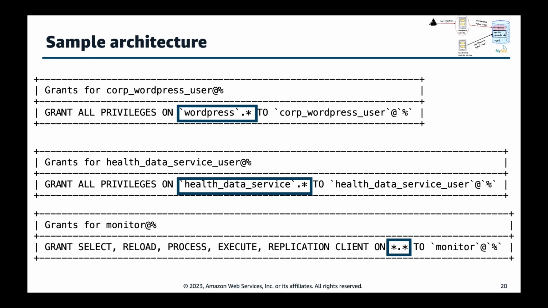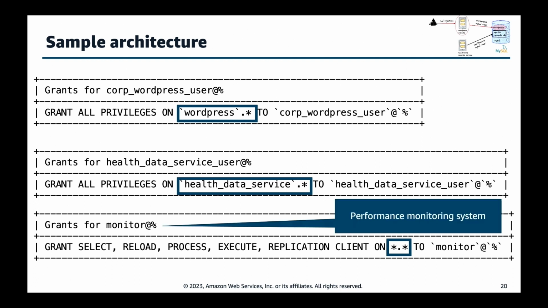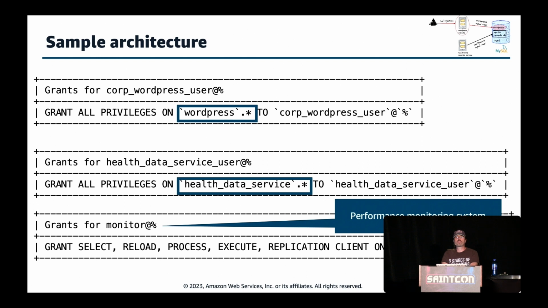A monitor user has SELECT, RELOAD on everything. So this is an unprivileged user, but at the same time, this unprivileged user has access to all the databases inside this MySQL instance. All right. So this is a performance monitoring system.